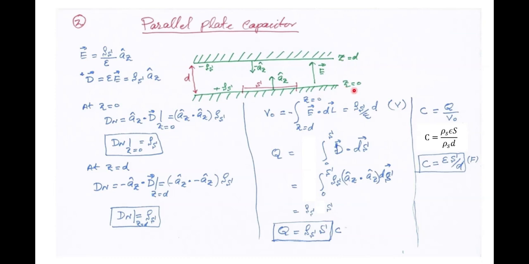In this problem, the one conducting plane with the positive surface charge density is located at z equal to 0, and the second conducting plane sheet is located at z equal to d with the negative surface charge density. In both cases, the surface charge densities are uniform.